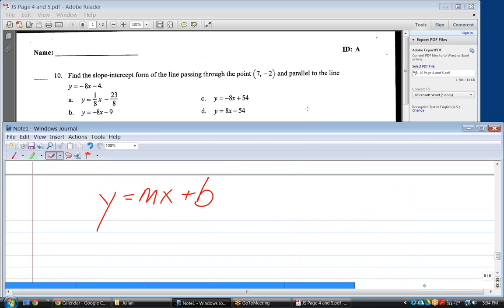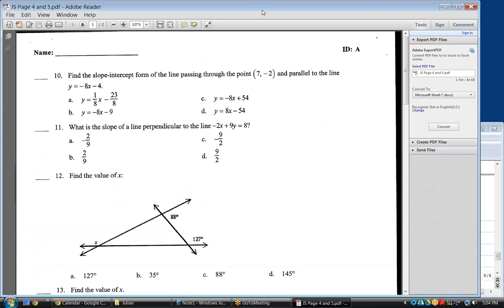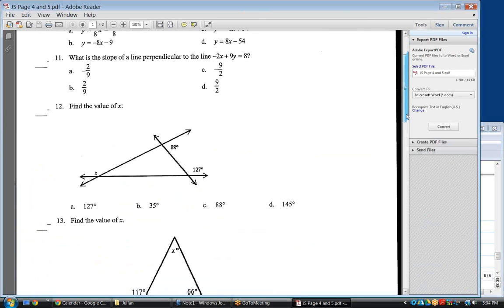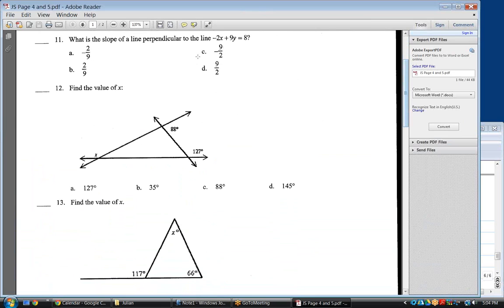Well, let's just wait till we get to it. What's the slope of the line? What is the slope of a line perpendicular to this line?